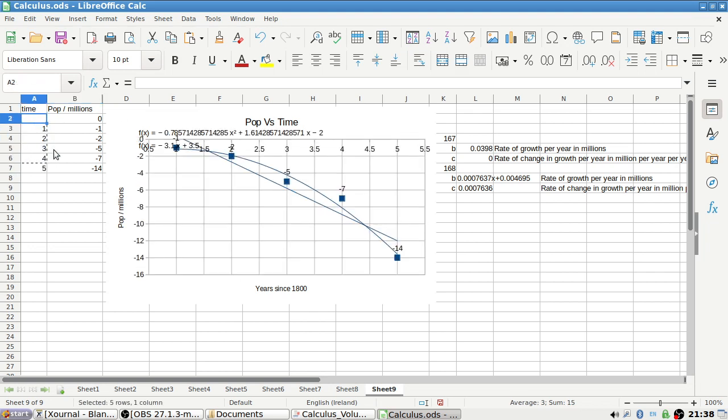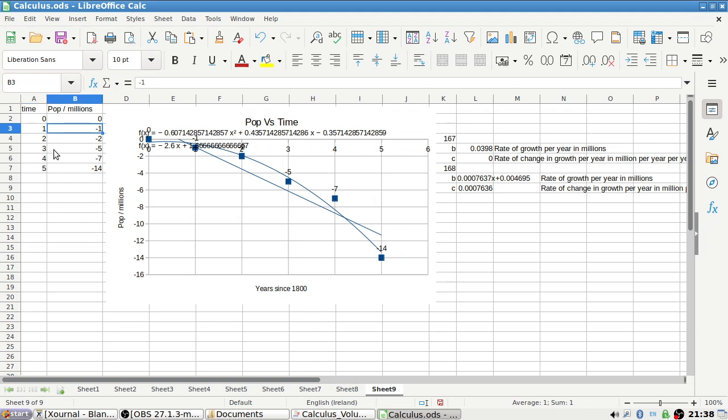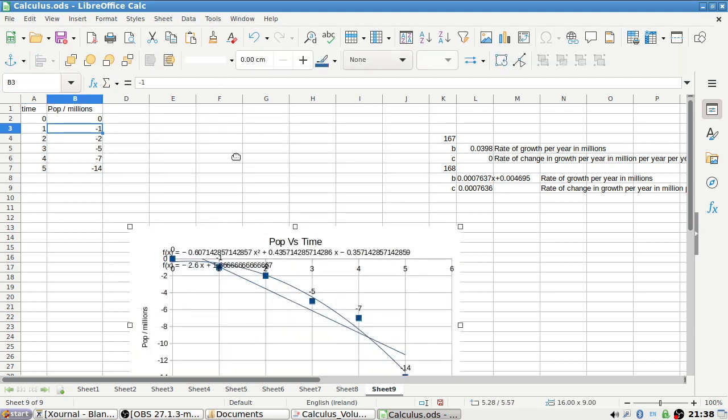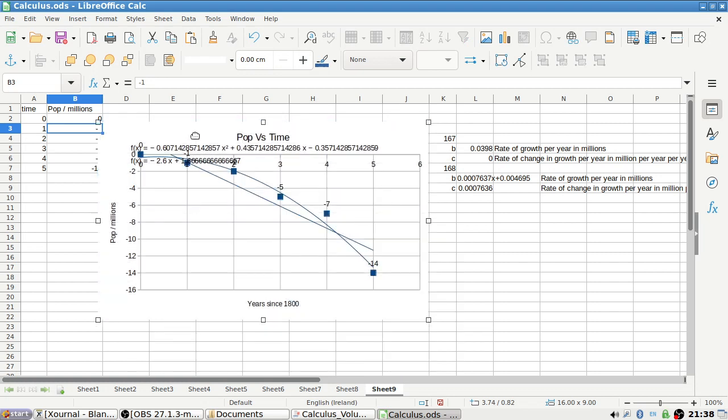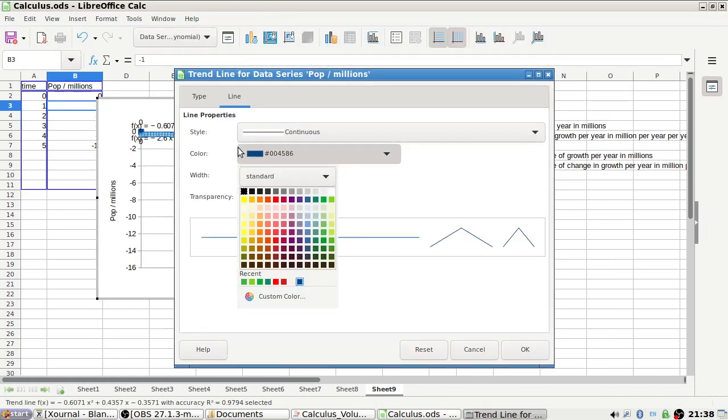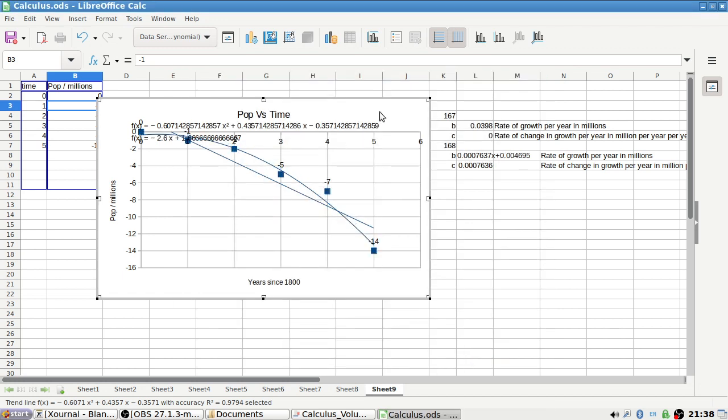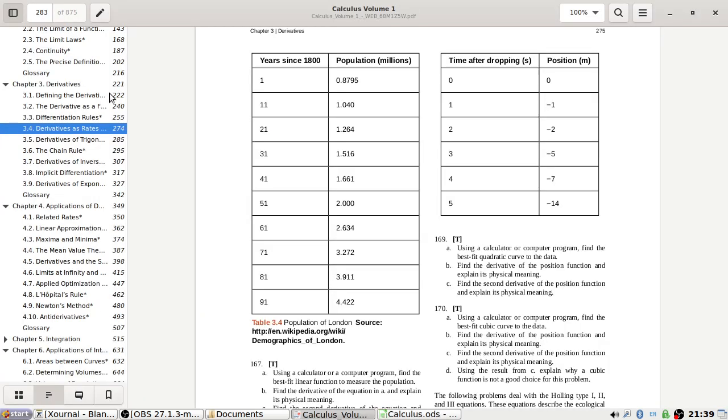There's a 0. Okay, and I should move them. Let's just move them out of the way if I can. Come on, you're so slow.